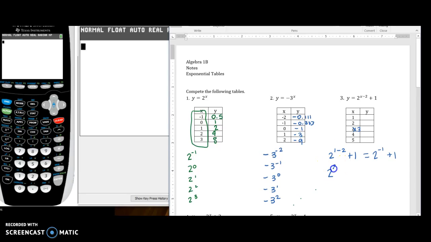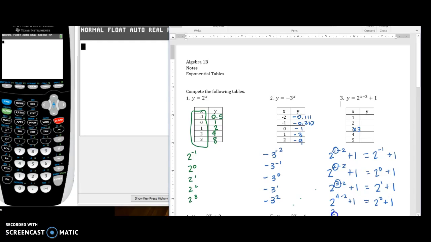And next we have 2 to the 2 minus 2 plus 1. Again, this number here is our x. So 2 minus 2 is 0 plus 1. 2 to the 3 minus 2 plus 1. 2 to the 4 minus 2 plus 1, which is just going to be 2 squared plus 1.